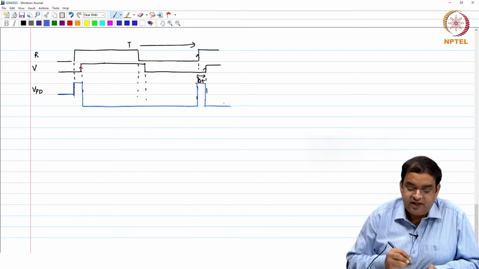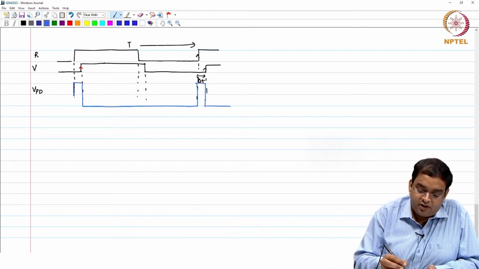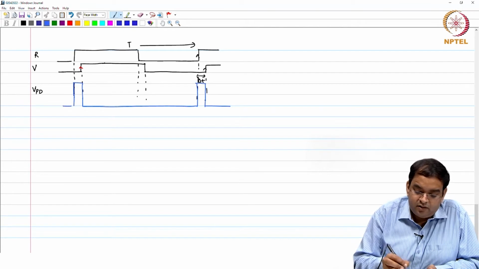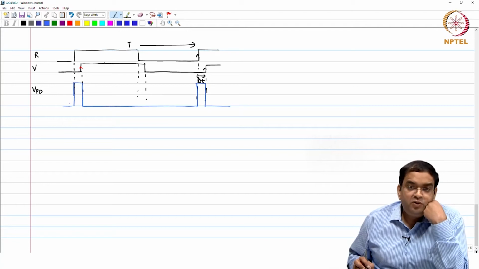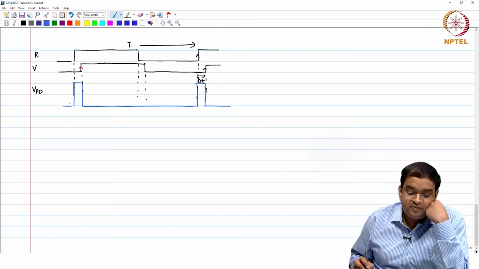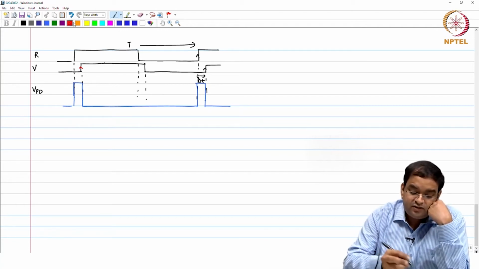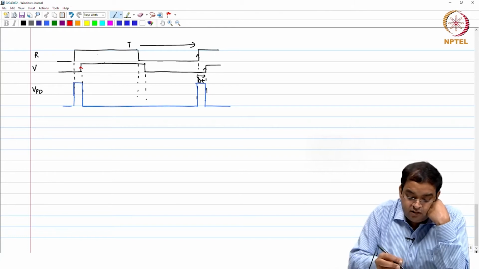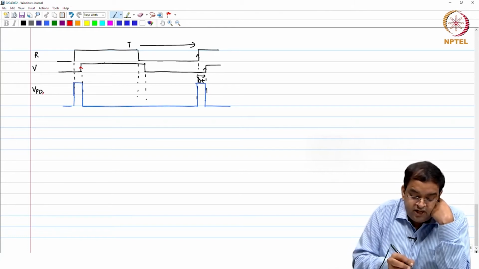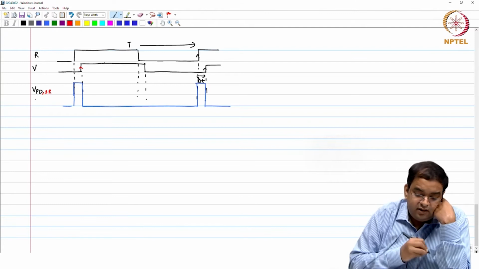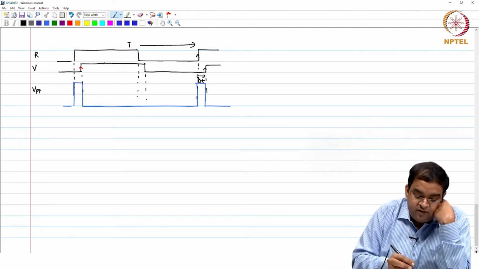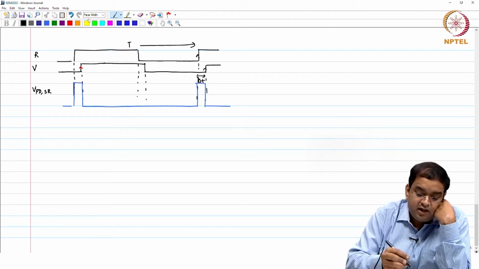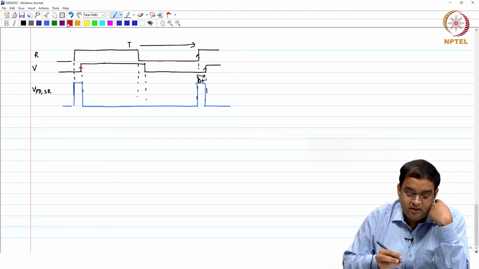Whereas, if the same clock period, if the same two clocks R and V were given to your XOR based PD, in that case you would have got VPD SR, okay. And now I will plot VPD in XOR case.